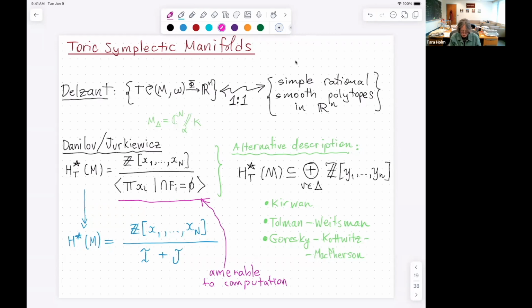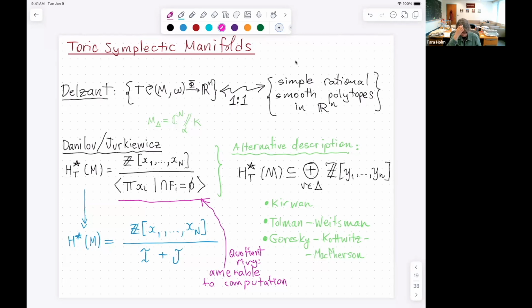You can also describe the equivariant cohomology of a Hamiltonian T-space often, and certainly in the case of toric symplectic manifolds, as a subring. So here this is a quotient ring, but you can also describe it as a subring of a direct sum of polynomial rings, one for every vertex of the polytope.